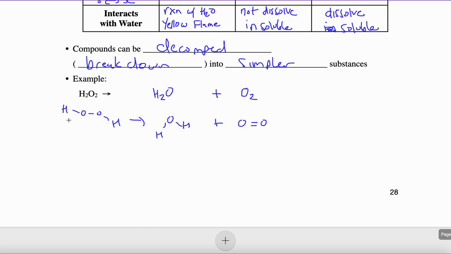So now when you look at it, we start off with a structure that has 4 atoms, and it's broken down into 2 simpler ones, one structure that only contains 3, and another structure that contains 2 atoms.